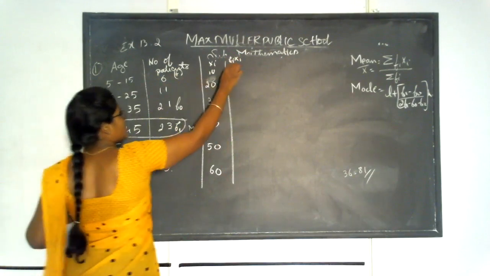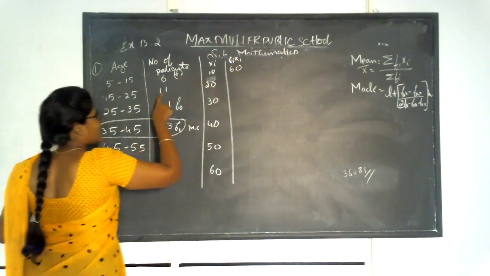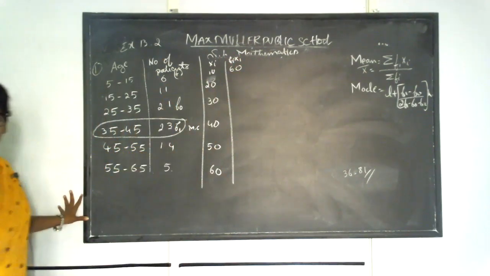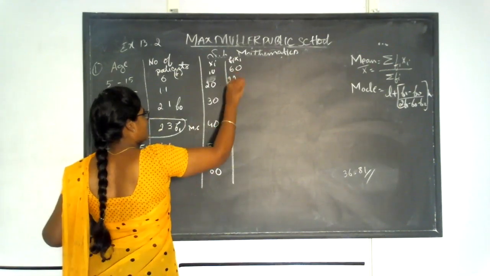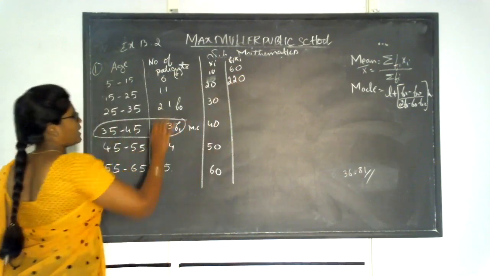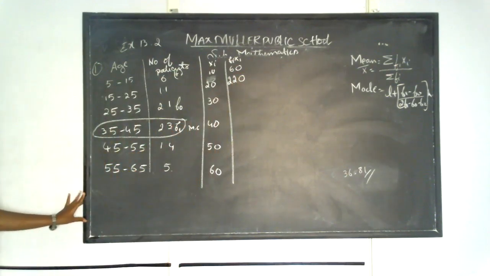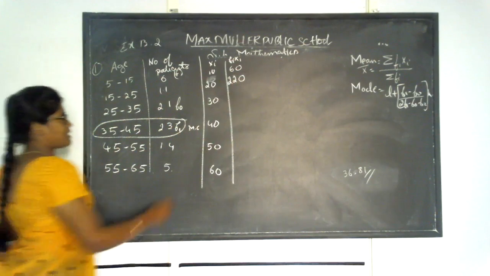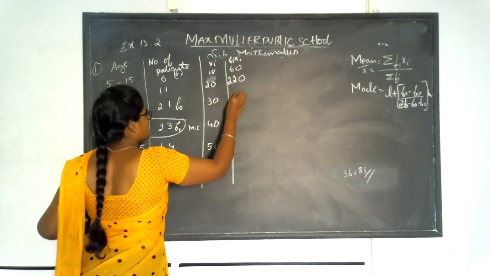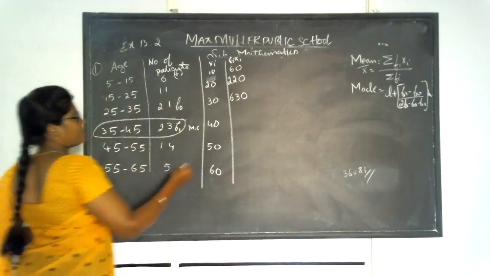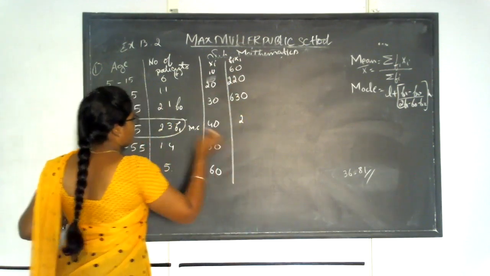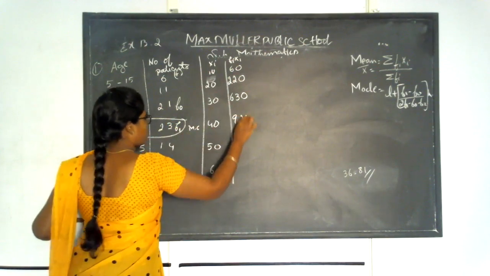6 into 10 is 60. 11 into 2. 11 into 2 is what? 22. 22 into 0. You will have 0 there. So add 0. Then 21 into 30. How will you do it? 3 ones are 3. 3 twos are 6. 6, 3, 0. Then 4 threes are 12. 1 carry. 4 twos are 8. 8 plus 1, 9. 0.